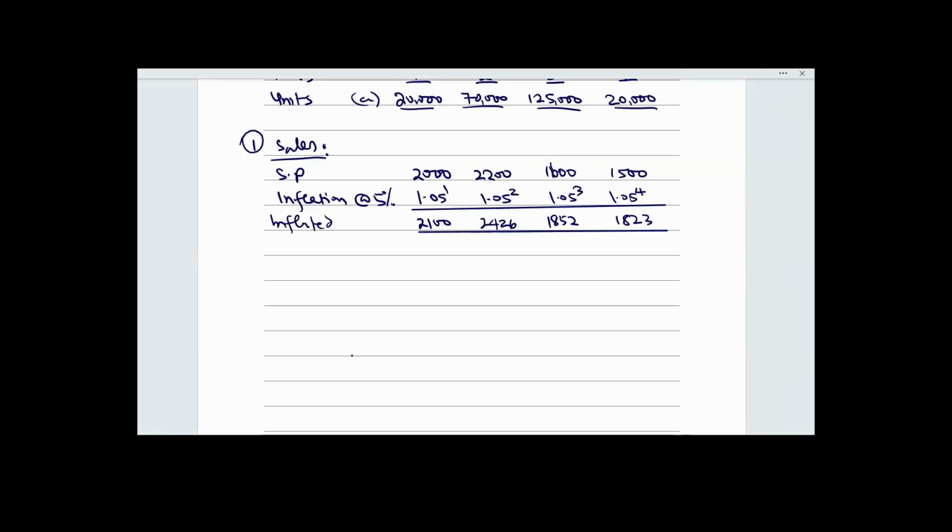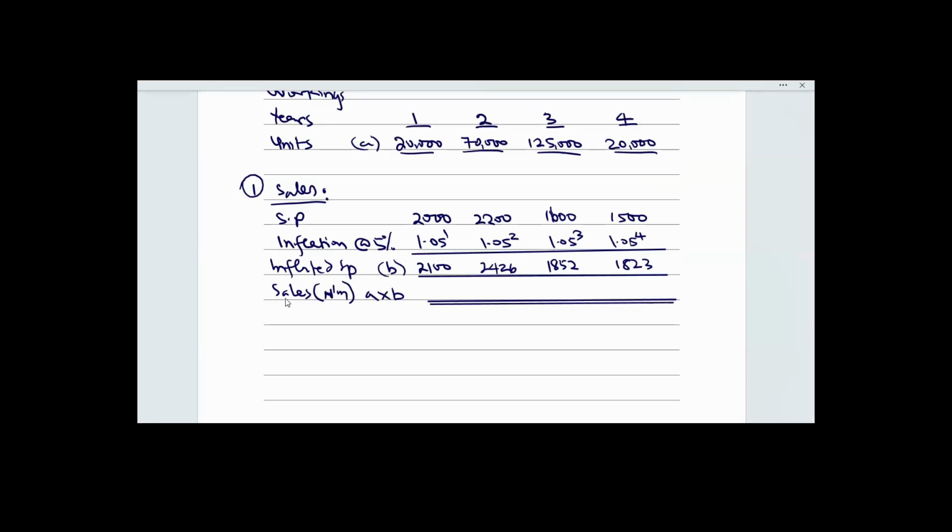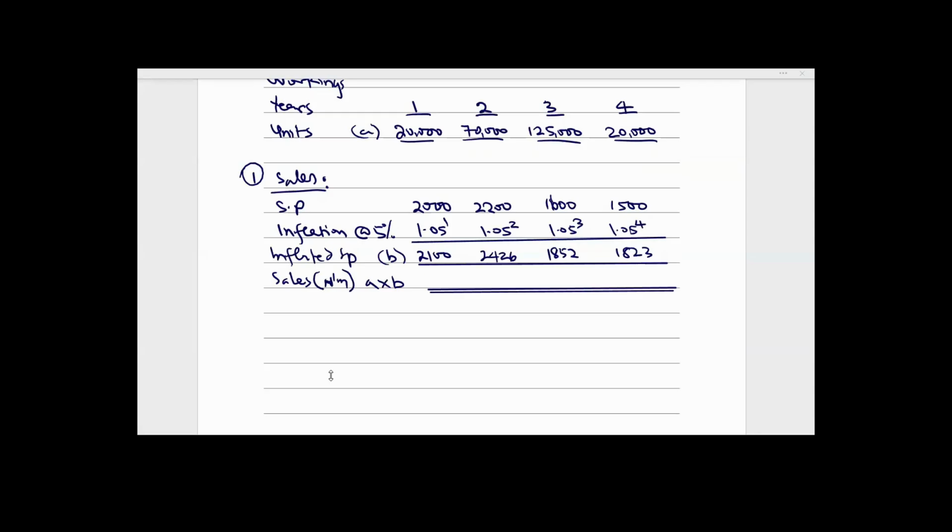This is the inflated selling price. Let's say this is B. Then to get the total sales, since our figures are in million, I will say A multiplied by B. That will give me the total sales. So 20,000 multiplied by 2100 equals 42 million naira.